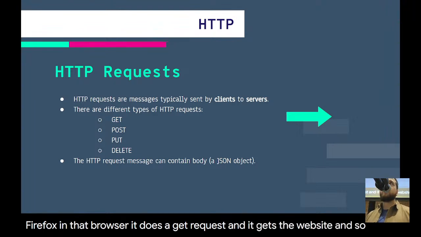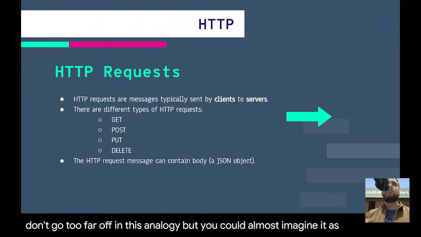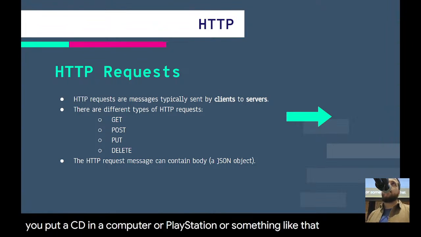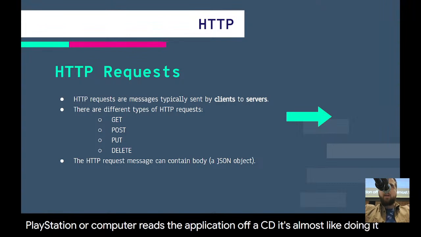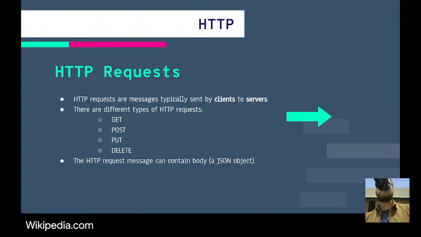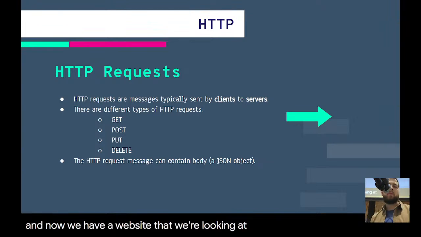I don't want to go too far off on this analogy, but you could imagine it like putting a CD in a computer or a PlayStation, and it reads the application off the CD. It's almost like doing a GET request, it's getting the information. So when you go to wikipedia.com, it sends an HTTP GET request, gets the data, and pulls it back, and now we have a website that we're looking at.